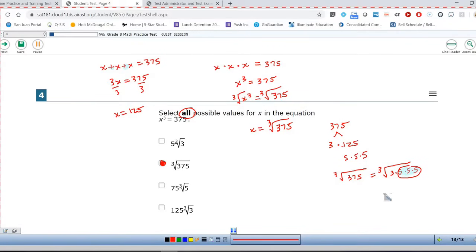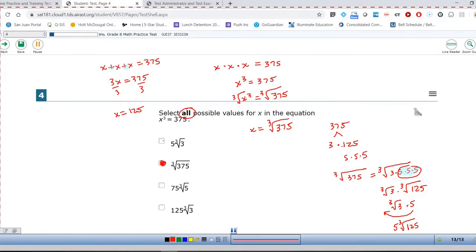So I can rewrite this as the cube root of 3 times the cube root of 125, but the cube root of 125 is 5. And then I'm going to take that number and move it to the front because it's a coefficient. And I get 5 times the cube root of 125, which is right.